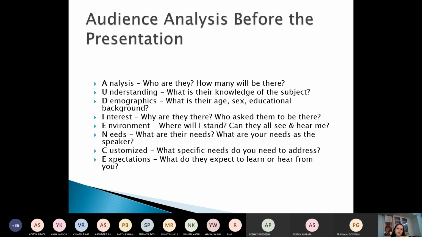You know that ma'am is going to focus on our attire, on our appearance, on our speaking skills. So you people are going to be very much focused on your mannerisms, the way you speak, the way you talk, compared to when you're going to give a core subject presentation.